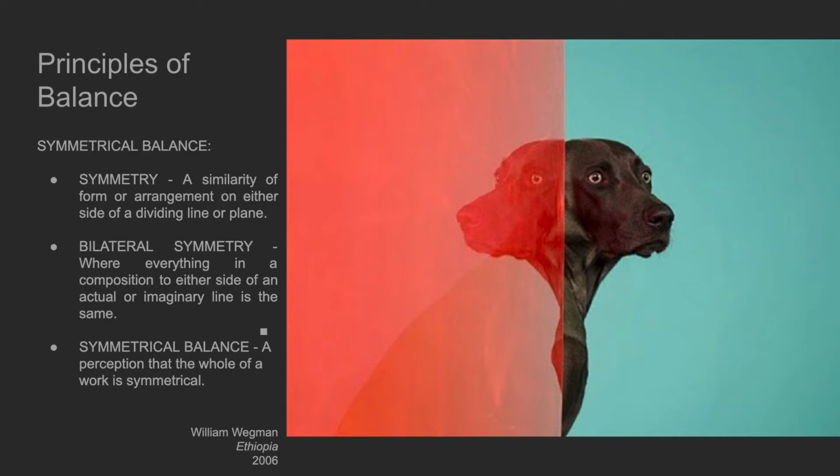So symmetry, a similarity of form or arrangement on either side of a dividing line or plane. For symmetrical balance in an artwork, the objects don't have to be actually symmetrical. There doesn't have to be actual symmetry. We're just describing how the artwork is put together.